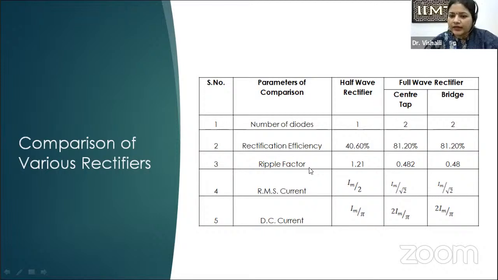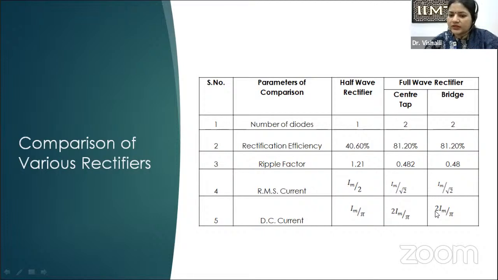So clearly the DC component is increased as compared to the AC component in the case of the full wave rectifier. And if we talk about the root mean square current and the DC current, these values can also be calculated. The RMS current in the half wave rectifier is Im by 2, and the DC current is Im divided by pi. If we see in the full wave rectifier, the DC current has increased twice.